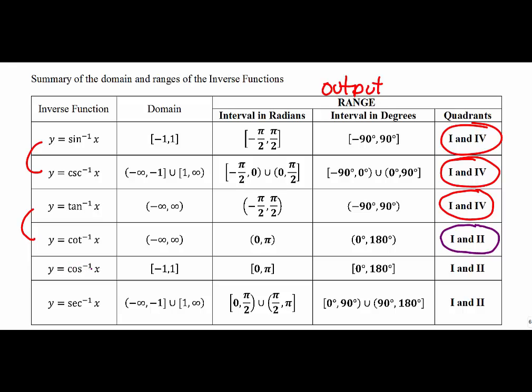Both the inverse function for cosine and the inverse function for secant come from quadrants 1 and 2. So we can actually use the reciprocal relationship to determine the angles for cosecant, cotangent, and secant. Let's look at a couple of examples of that.